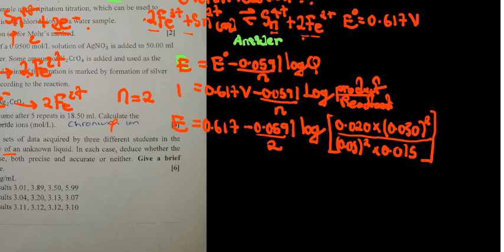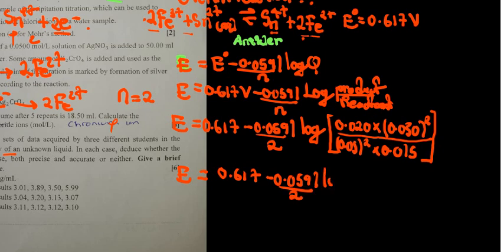So now we find out what value of the E are we looking for here. Remember, we are finding the cell potential. That value we were given there in the question was the E cell of that chemical reaction. But what is the overall cell potential of this half reaction? That's what we're finding here. So after doing your math here, you're going to have 0.617 minus 0.0591 divided by 2.